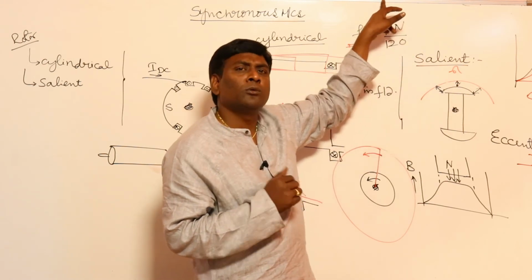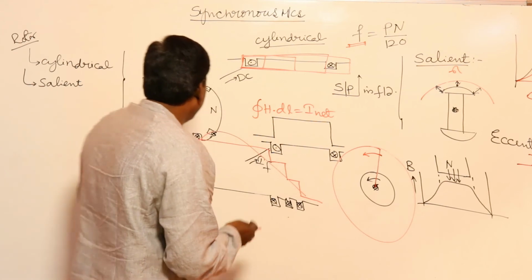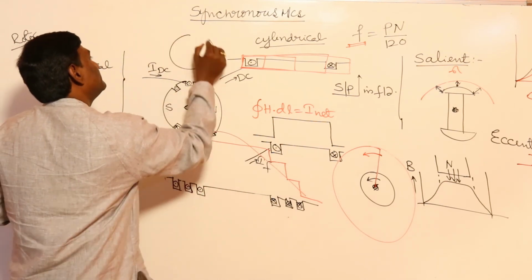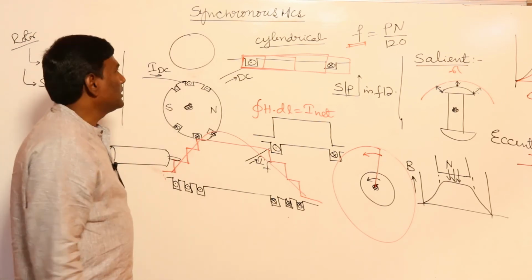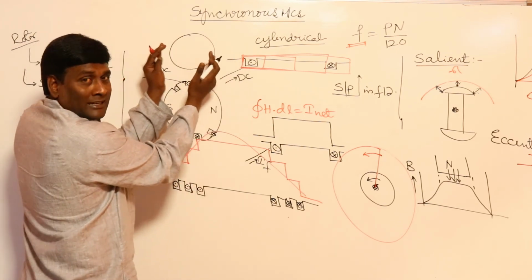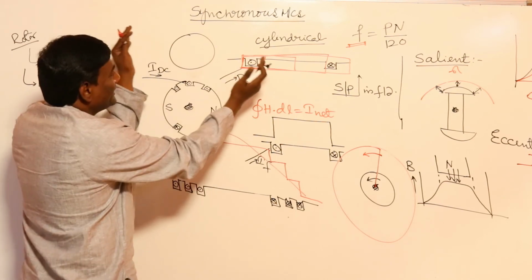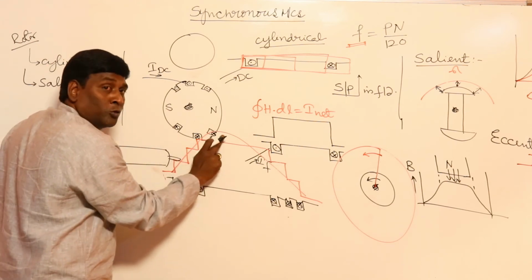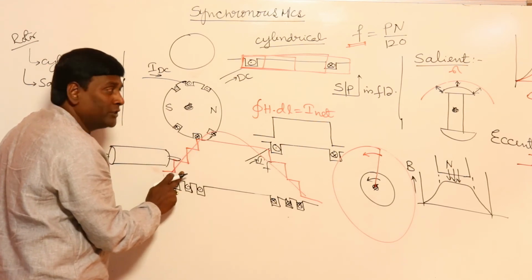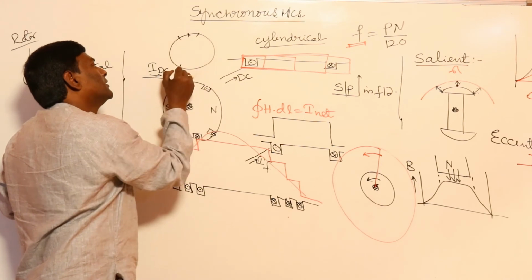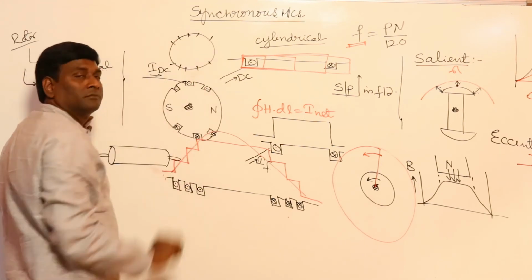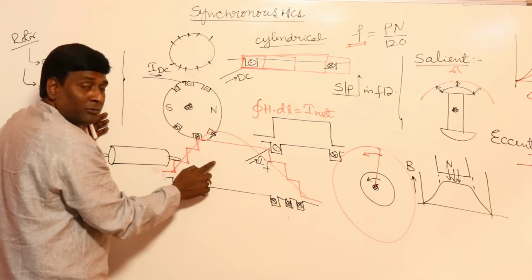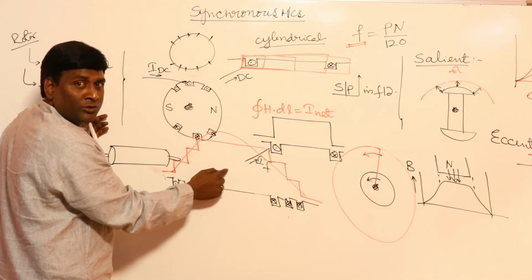Now see here, in the cylindrical rotor, diameter is less because it has to be rotated at higher speeds. The number of slots per pole should be more in order to make the field flux more sinusoidal. If you have more slots per pole, you will get your field flux more and more sinusoidal.